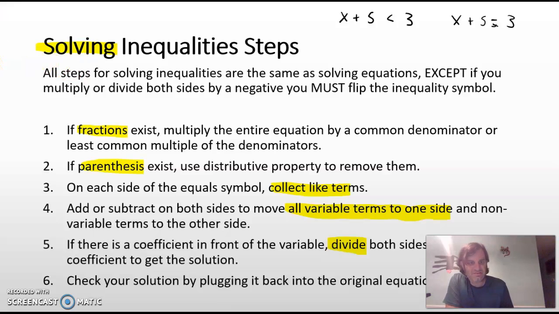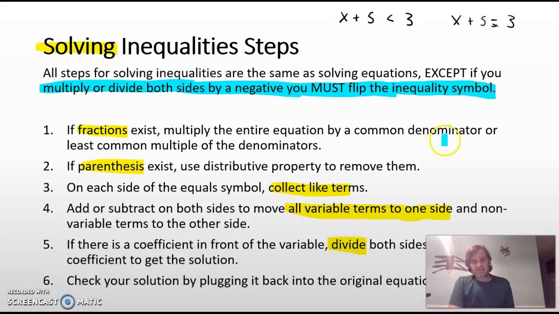There is one difference here, and it's one that's worth noting. If you multiply or divide both sides by a negative, you must flip the inequality symbol around. The reasoning behind this is that if you had something like 2 less than 5, which is a true statement, we could add the same number to both sides and the left would still be smaller than the right.